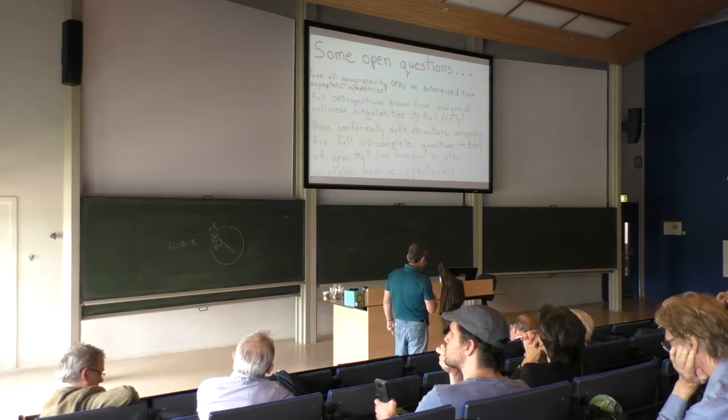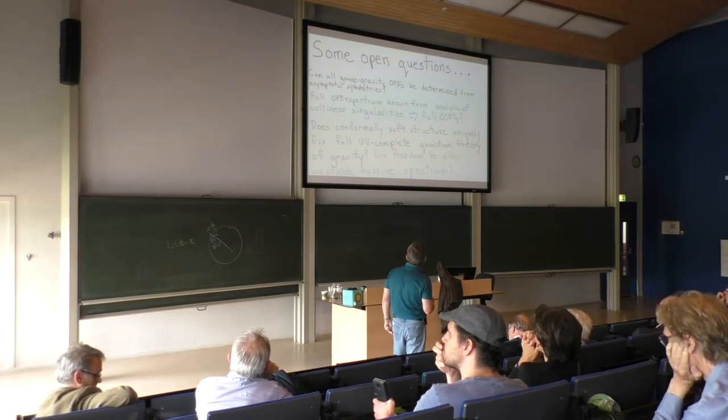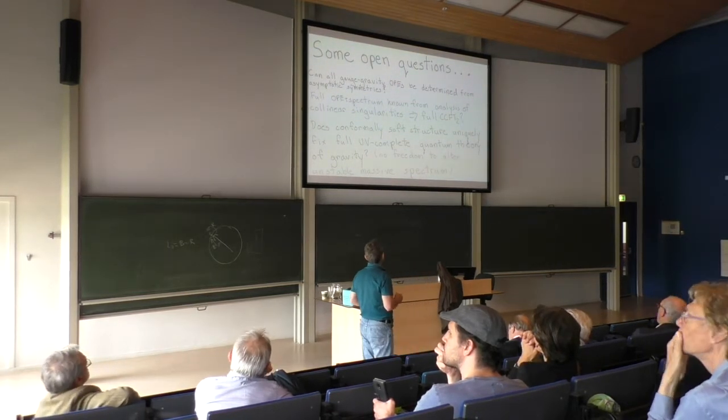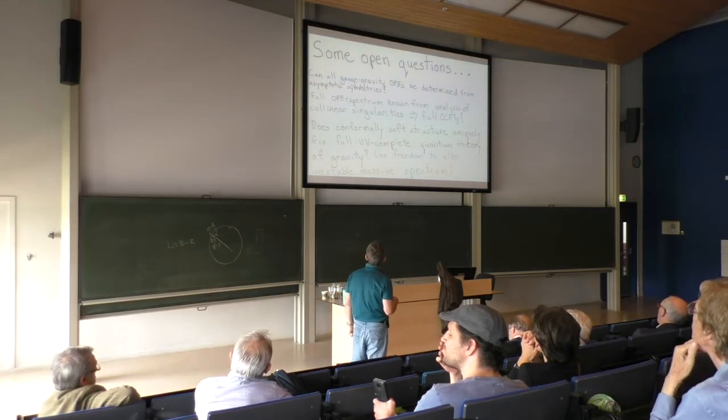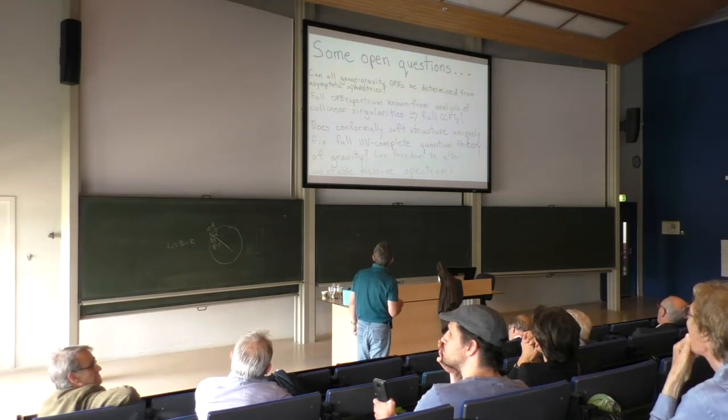So let me just list some open questions here. Can we get all the gauge gravity OPEs to be determined from these asymptotic symmetries?